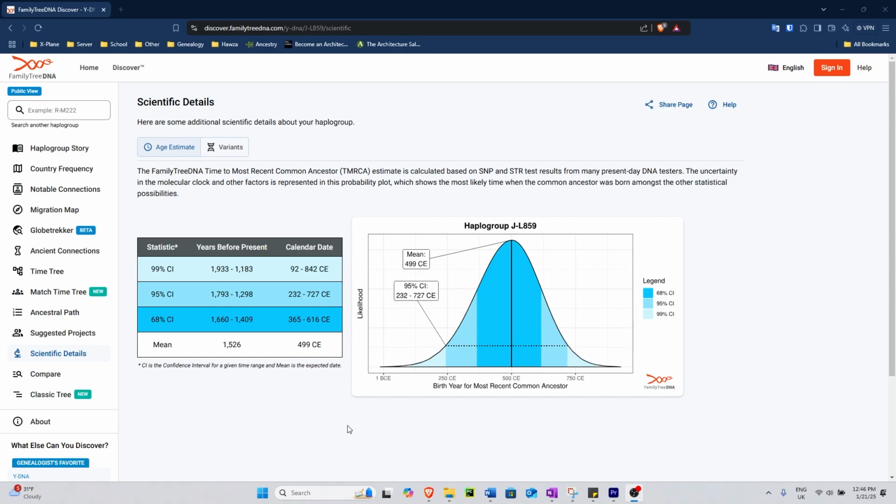But at current day, this 500 CE TMRCA for L859 and its descendant haplogroups is extremely accurate. As for the Y chromosomal Adam and the Prophet Adam alayhi salam, that's a completely different discussion, but perhaps in the future it can be addressed as well.